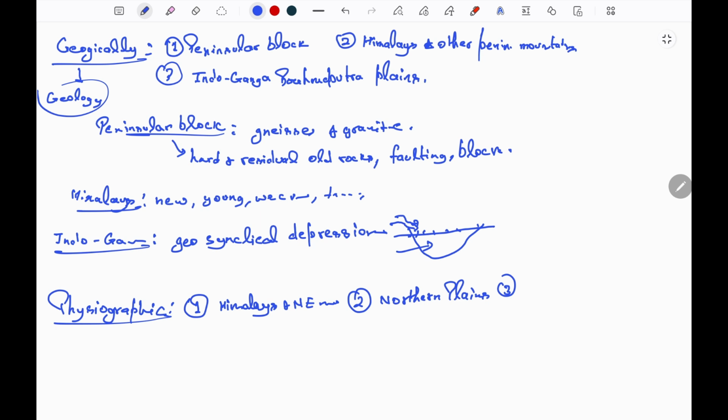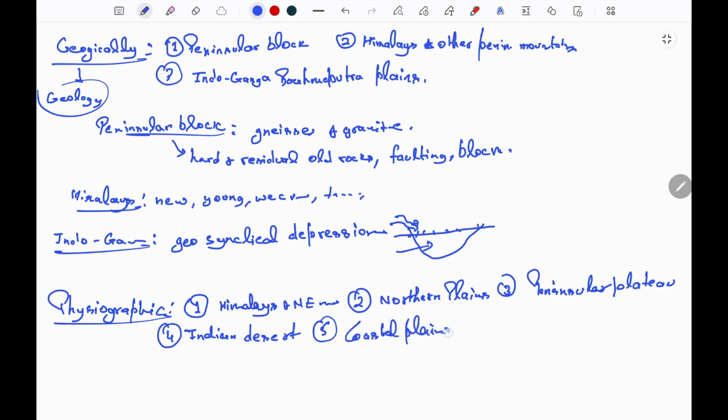Third is Peninsular Plateau. Fourth is Indian Desert. Fifth is coastal plains. And sixth one is islands.